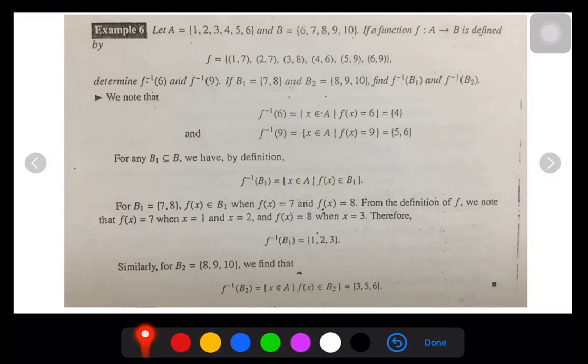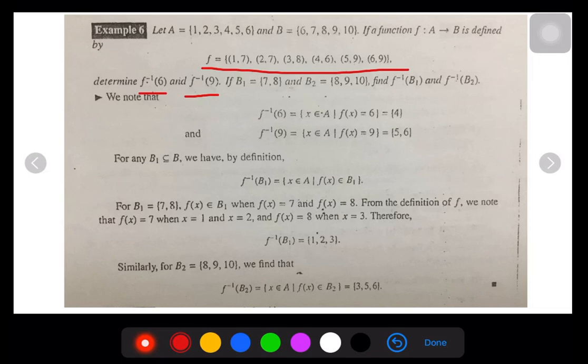So with that, we are moving on to the next kind of problem. Let A be {1, 2, 3, 4, 5, 6} and B be {6 to 10}. A function f from A to B is defined as given. What is our task? Determine f inverse of 6 and f inverse of 9.